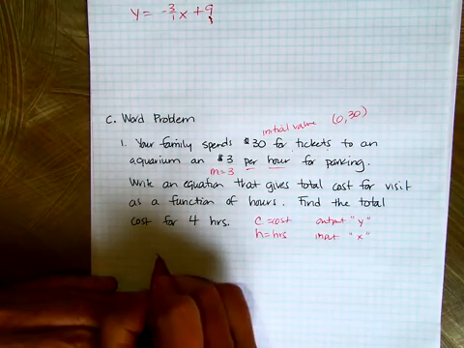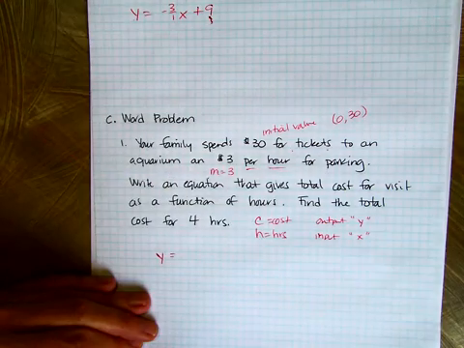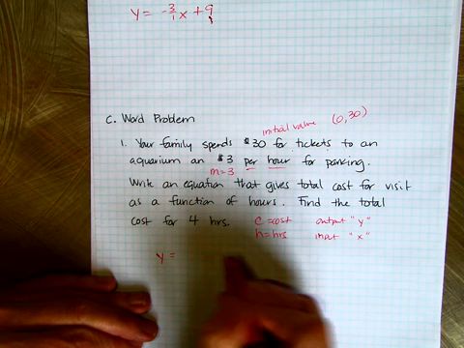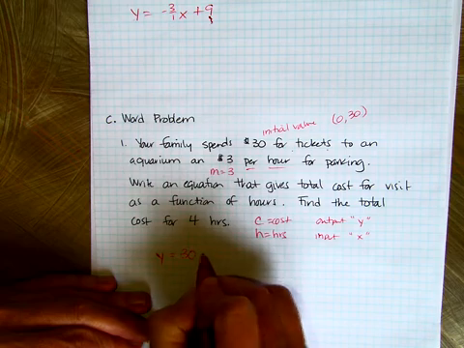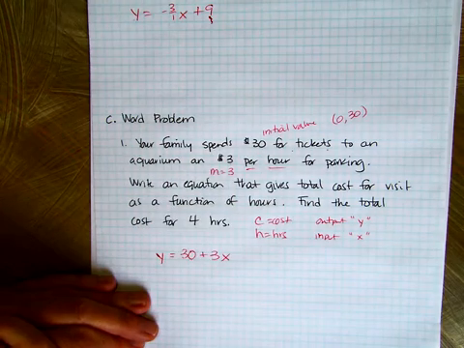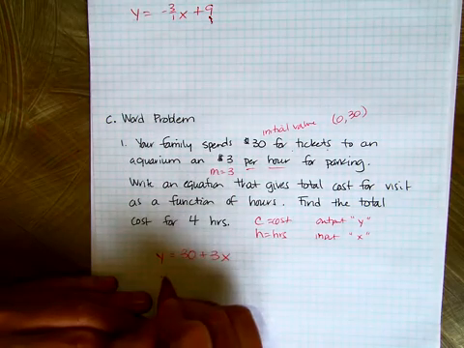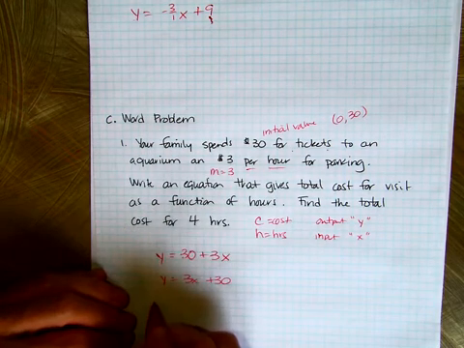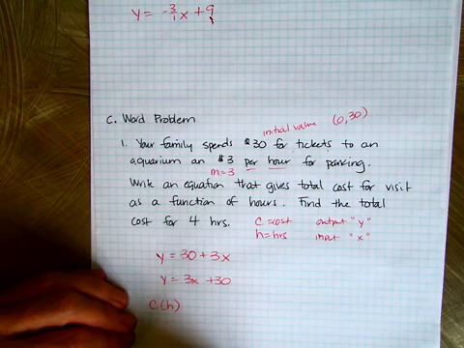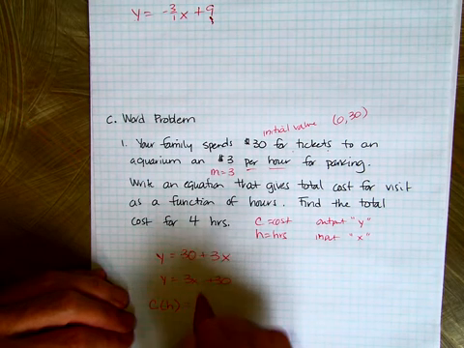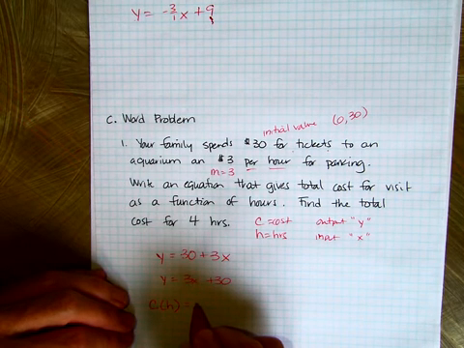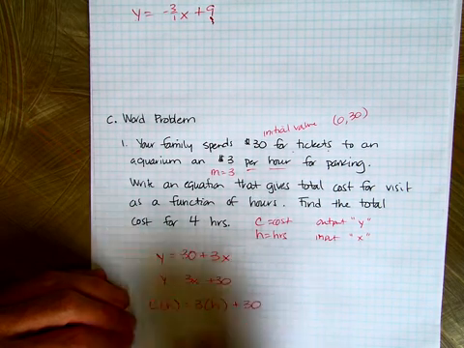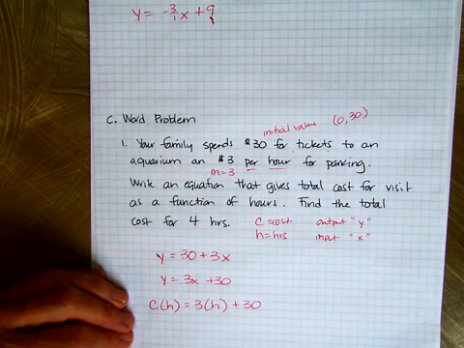So if I were to write this as Y equals, and this is kind of interesting, like in statistics, they would say I'm starting with 30, and then I'm going to add $3 for every hour. Well, we like to see it like this. In function notation, I would say cost is a function of hours, such that it's $3 for every hour plus 30, the $30 for the tickets.